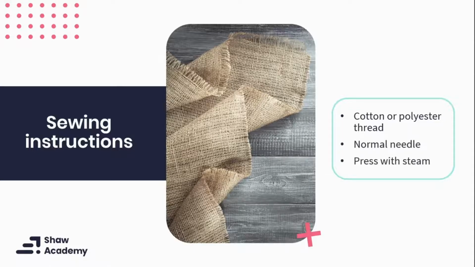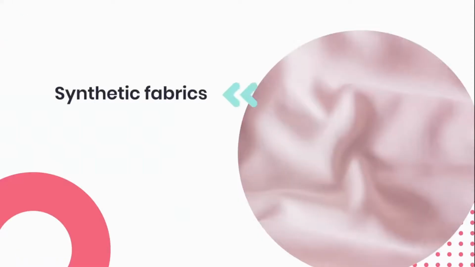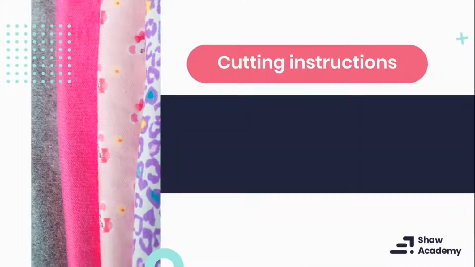Some synthetic fabrics are 100% man-made and some are natural polymers like rayons. Either way, these are also quite easy to work with depending on the weight, like natural fabrics. Just like natural fabrics, there are no real requirements unless the fabric has a nap or a pattern influencing the pattern placement, so you can really just cut away.